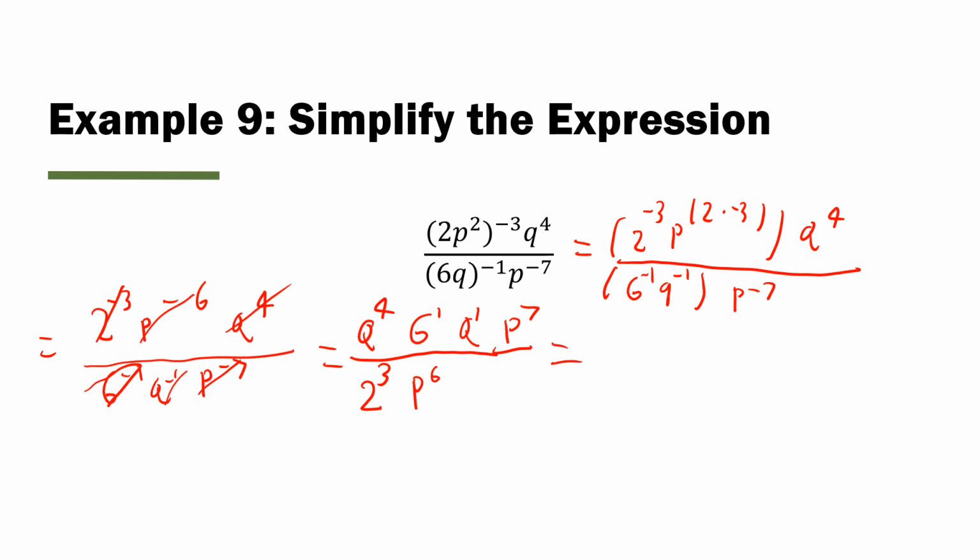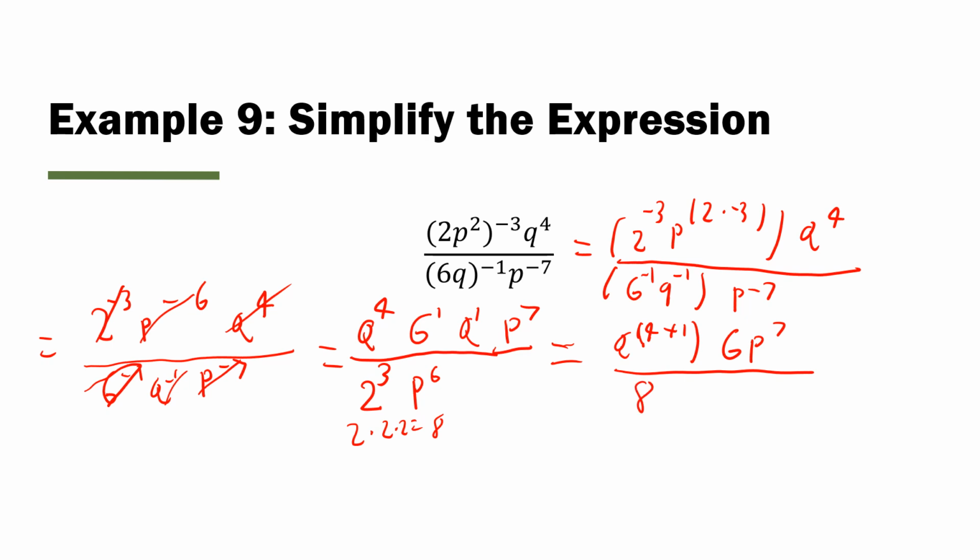Okay, let's simplify a little more. So we have q times q to the power of 4 and q to the power of 1. So this will be q to the power of 4 plus 1. 6 to the power of 1 is just 6. We have p to the power of 7. 2 to the power of 3 is 2 times 2 times 2, which is equal to 8.